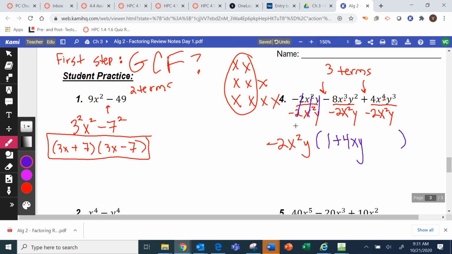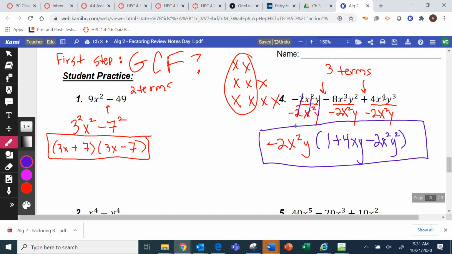In the last term, we're dividing out a negative, but it was positive, so we are left with a negative sign. We're left with a 2. We're left with 2 x's, x², and we're left with 2 y's, y². And this is the 3 terms, and I haven't taught you how to do 3 terms yet, so there won't be anything else to do with 3 terms because we haven't learned it yet.